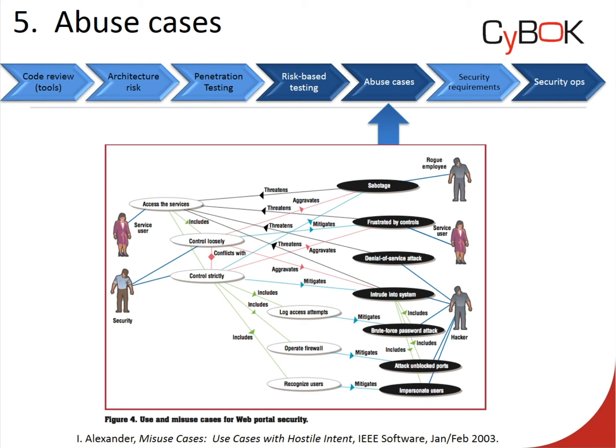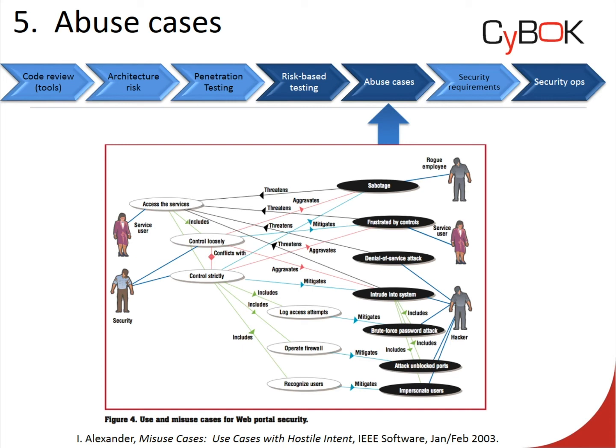In a use case diagram, you have the good users and what they want to do, and that's normal. What abuse cases bring in is you're looking at what the bad guys want to do. In this case, you have a rogue employee who wants to sabotage.